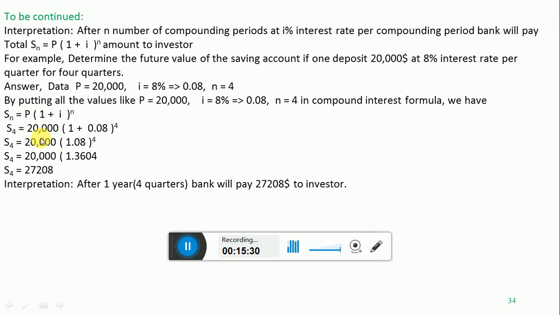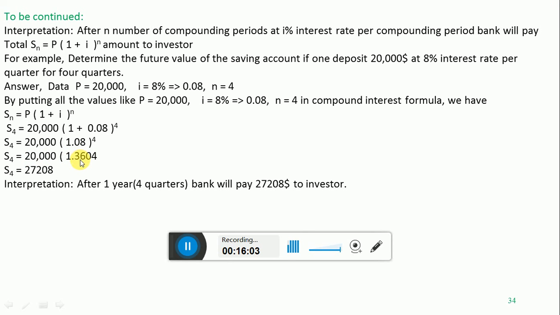S4 is equal to $20,000 times (1 plus 0.08), which is 1.08, raised to the power 4. So 1.08 raised to the power 4 gives the value 1.3604.